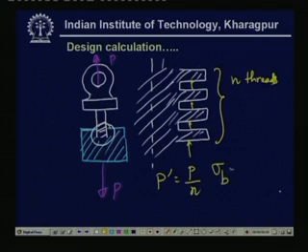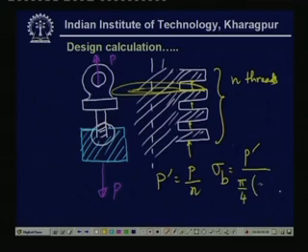Sigma bearing will be P prime divided by the area of cross section, the area on which the force is applied, and that is equal to this area. This is the total disk. So, this will be equal to pi by 4 times d outer, or d major, square minus d minor square, and sigma bearing must be less than sigma compression allowable.